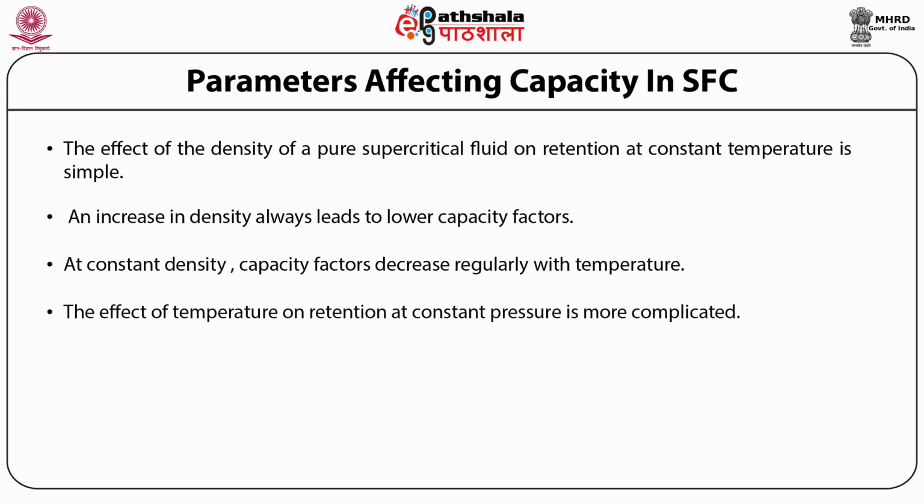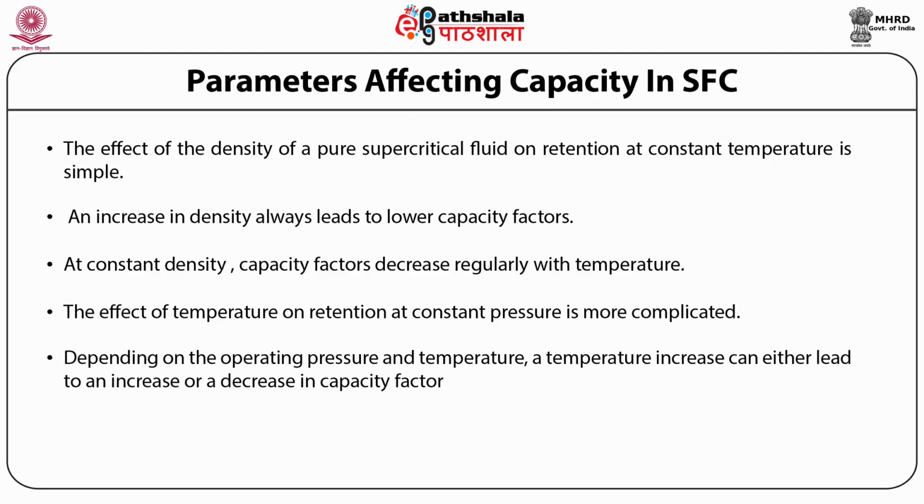The effect of temperature on retention at constant pressure is much more complicated. Depending on the operating pressure and temperature, a temperature increase can either lead to an increase or decrease in capacity factors in supercritical fluid chromatography.